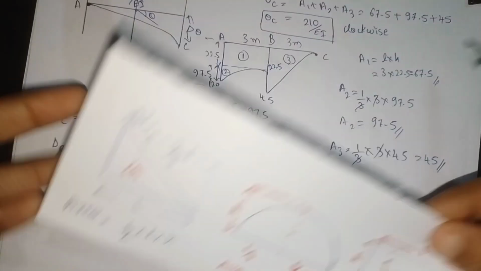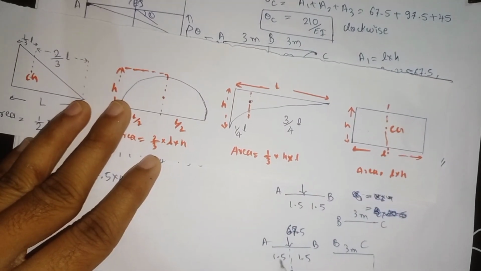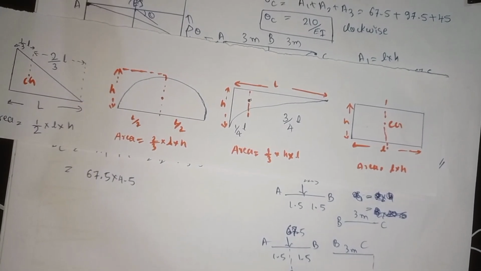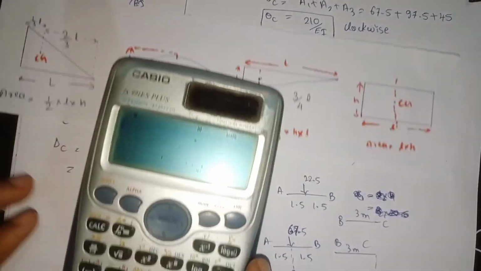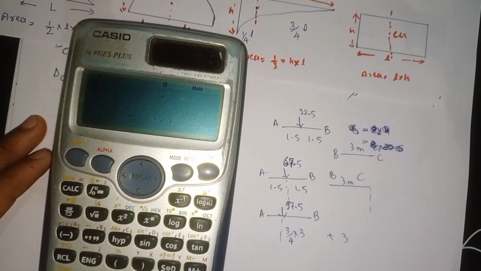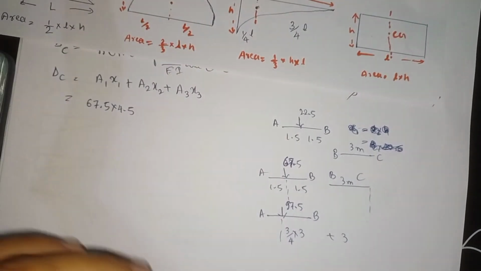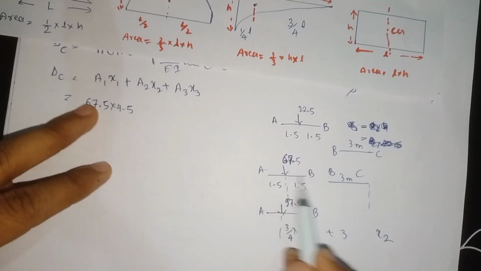For that we have the formula 3 by 4 into L. So 3 by 4 into our L, which is 3 meter, from here to here is 3 meter. Now from here to here is plus 3. Three divided by 4 into 3, plus 3, if you do, it will come out as 5.25. So 5.25 will be the x2 distance from here to here.